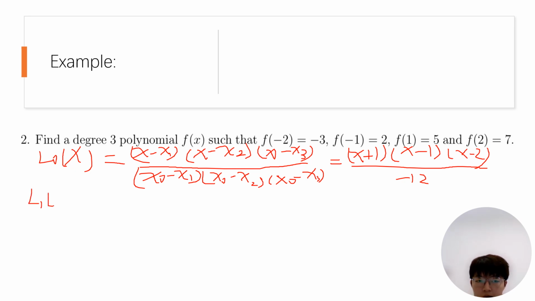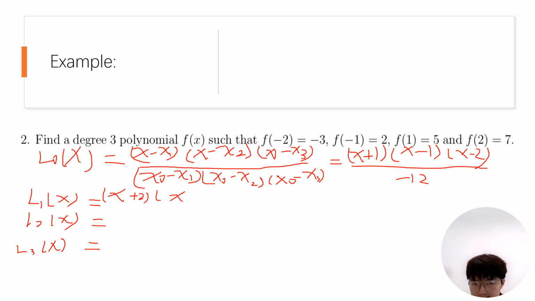L1(x) is (x plus 2)(x minus 1)(x minus 2) over this.